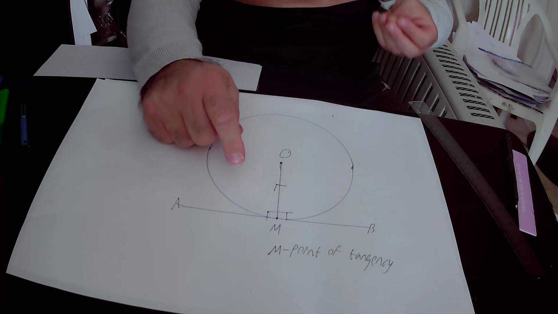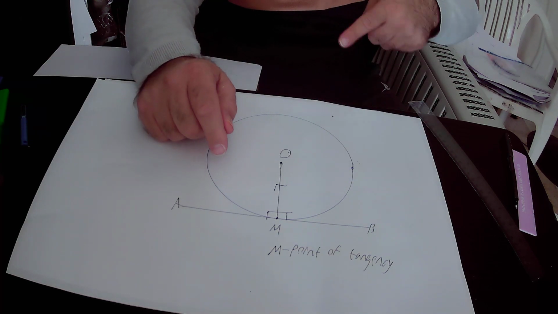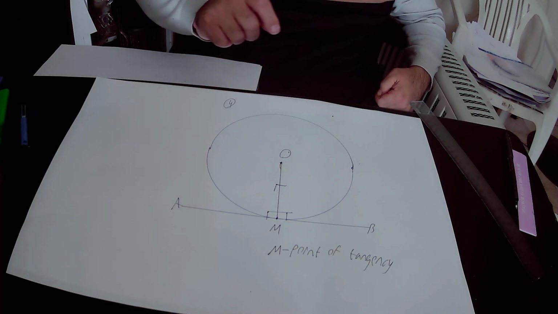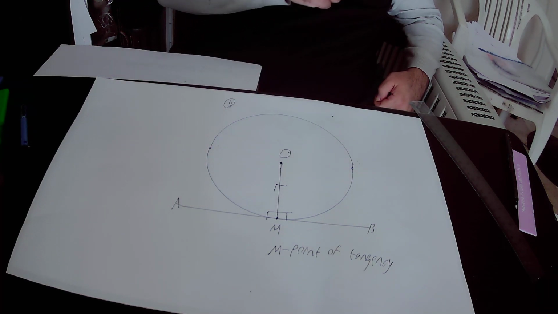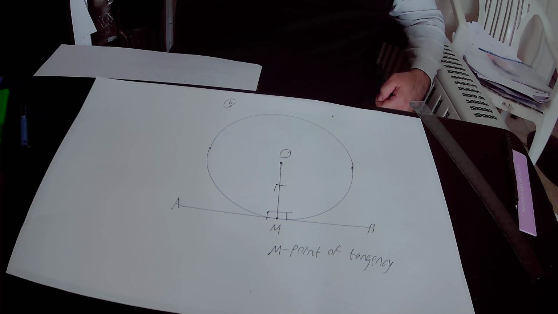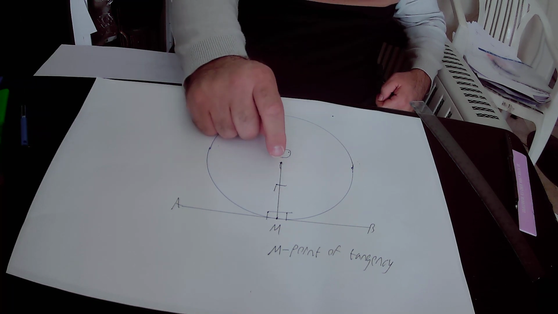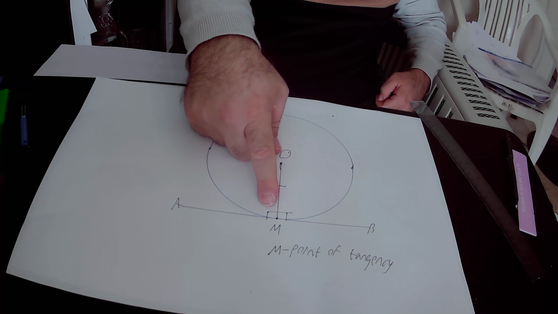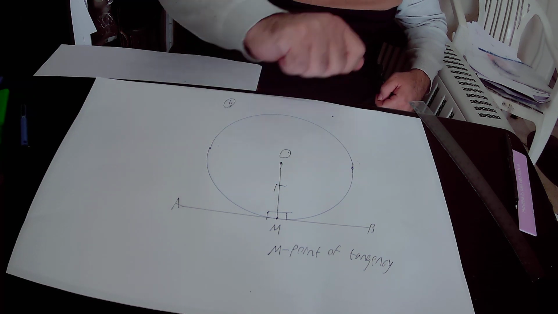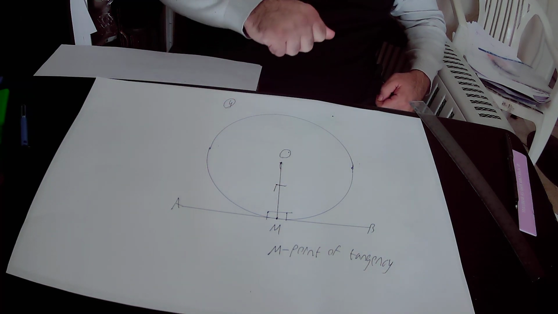Point M is the point of tangency of tangent AB with this blue circle. Then we have a radius. This radius, OM, is drawn to the point of tangency.